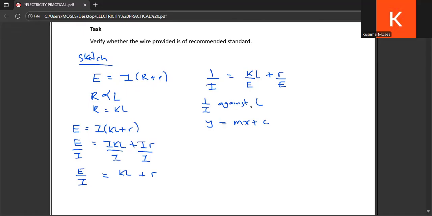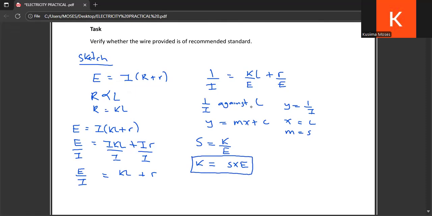If you are comparing, y will be 1 over I, x is going to be L, and m is the slope, whereby for this case the slope is going to equal K divided by E. So you can come up with the value of K, the resistance per centimeter, which is the slope times the EMF. Then the intercept C is given by r divided by E. So r is the same as C times E.